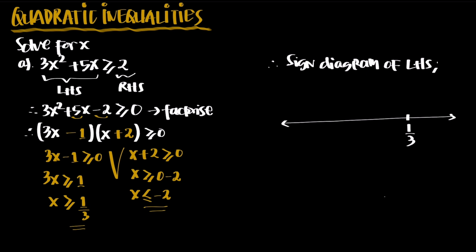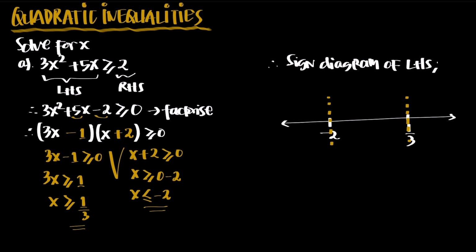Now, where should we put the positive or negative region? We know that the region is divided into 3 areas, but we don't know where to put the positive or negative. So we have to try first.